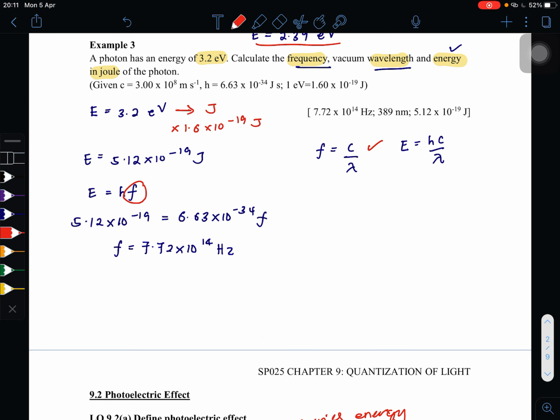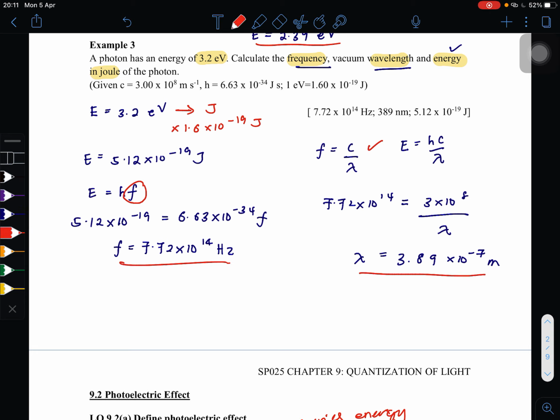So kita gunakan this formula, di mana F adalah 7.72 eksponen 14 equal to C, C is 3 eksponen 8, divided by lambda. So lambda akan sama dengan 3.89 eksponen negative 7 meter. Okay, so that's all for example 1, 2 and 3. Thank you.